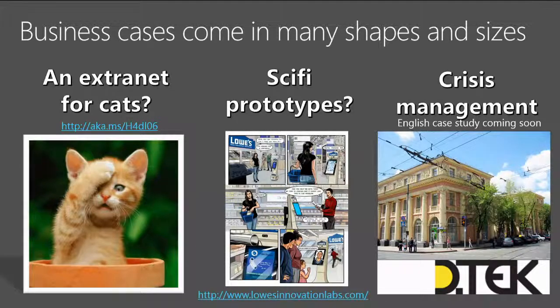The next one isn't an Office 365 example, but I think this is a really interesting one as well. This is Lowe's. Lowe's is a hardware chain. They have an innovation lab where they play around with robotics and virtual reality, which is kind of weird. But what they do when they build some of these things, they build their business case in the form of a comic book.